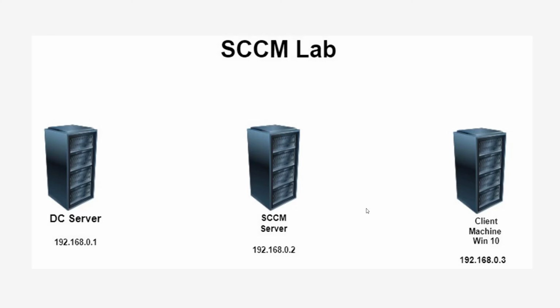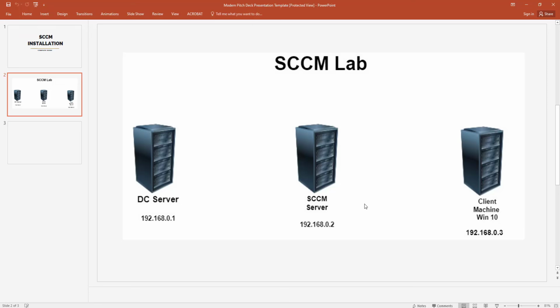Also, we may install a member server and install the SCCM role on it. Maybe we can try installing DP, MP, or any other site server role onto it, and then from there we can do it.